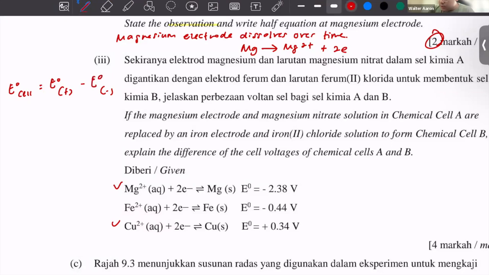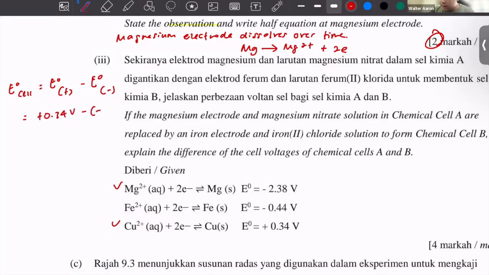So the negative terminal is the one that has a more negative E naught value. So in this case here, it will be magnesium that is negative terminal, and then copper will be the positive terminal.